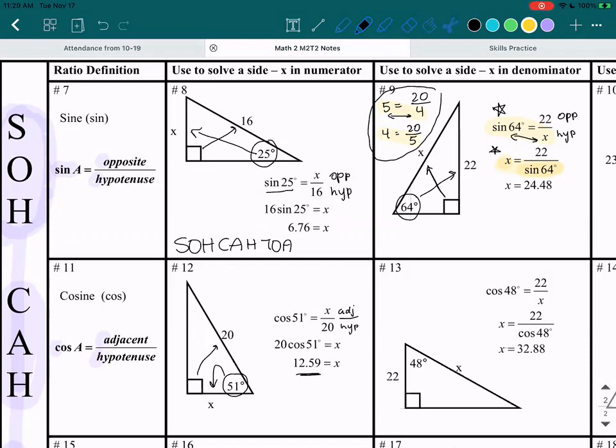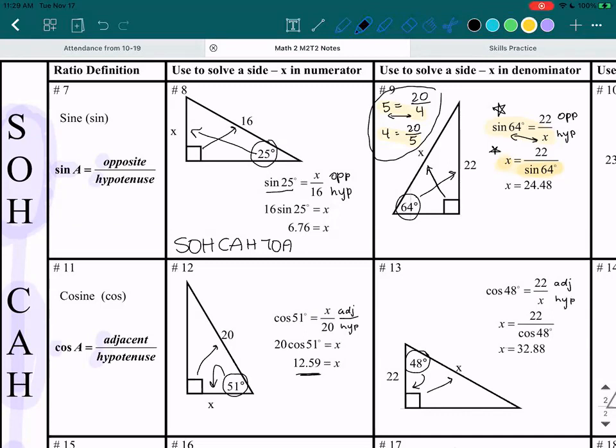Box number 13 then, it's a similar situation except that this time your x is going to be in the denominator. Let's take a look at what happens. Here's your reference angle. It's the only angle they gave you, so it's the reference angle. You have your adjacent side right over here and the hypotenuse, which is directly across from the right angle always. So we have adjacent and hypotenuse. That means we're dealing with cosine because cosine is adjacent over hypotenuse.